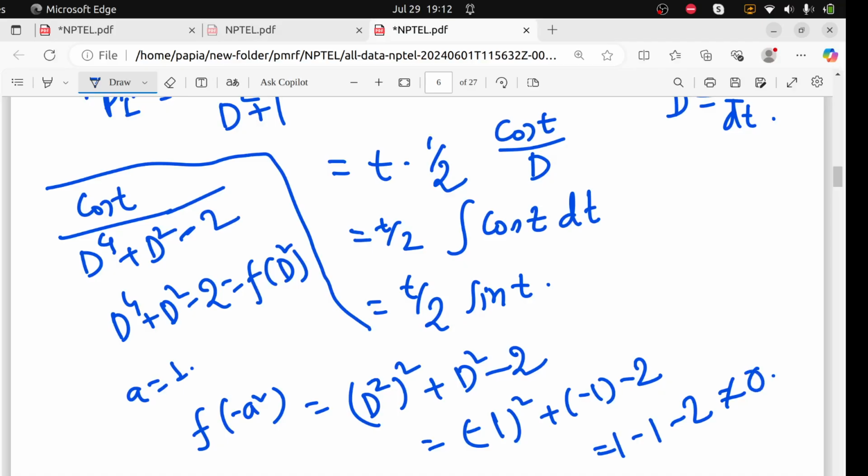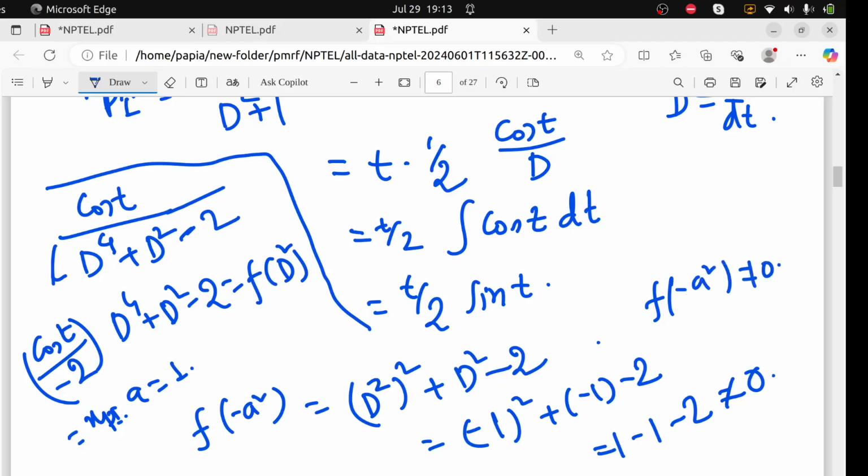That is not equal to 0. So simply I can just take this as cos t divided by minus 2. This will be my PI, as f of minus a square is not equal to 0 in this calculation. You got my point? Here, D to the power 4 means we can't write it as minus 1, it will be minus 1 whole square. So that means it will come as 1. Okay.